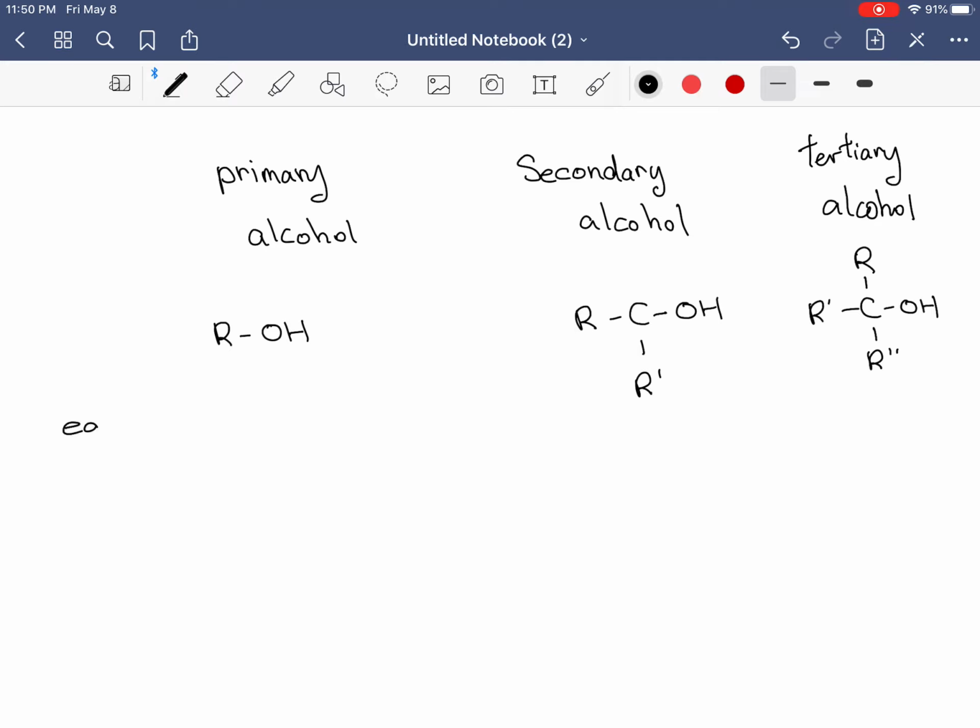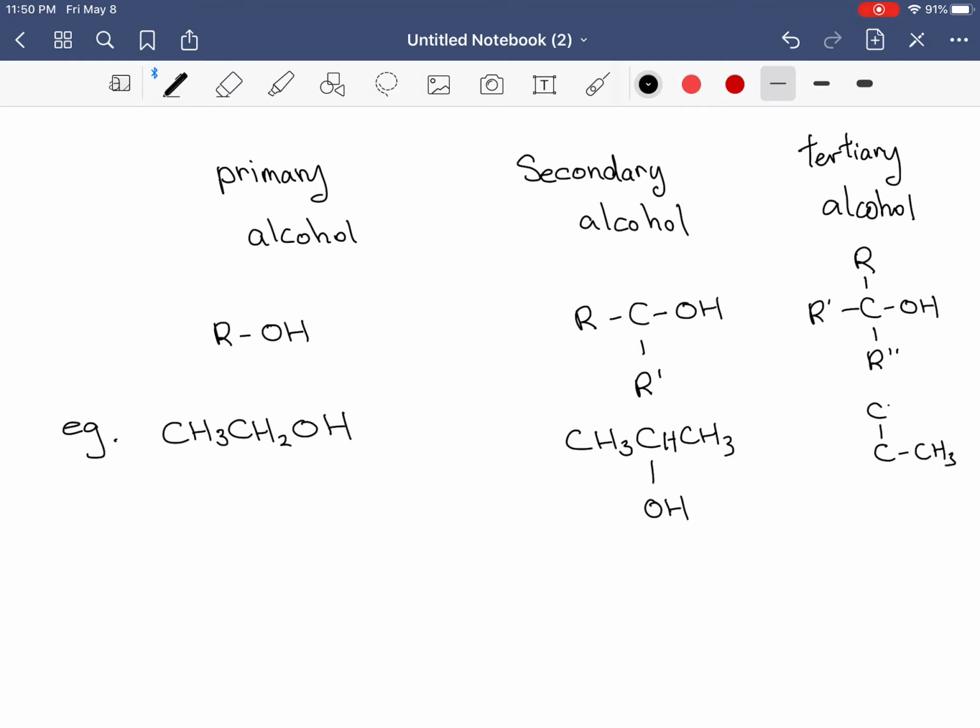Let me give you an example of each. This right here, ethanol, is a primary alcohol. This right here, isopropanol, is a secondary alcohol.